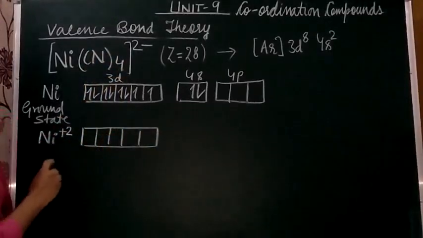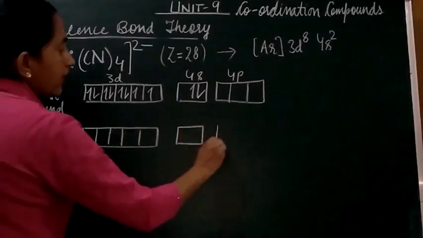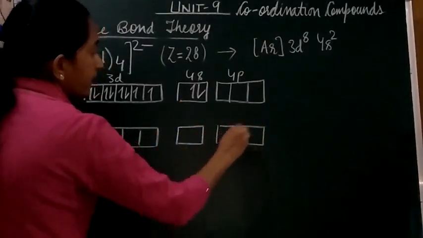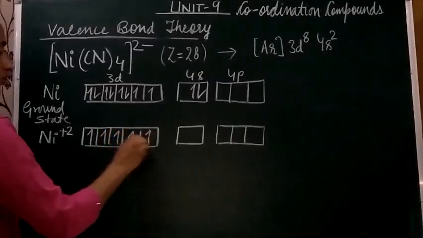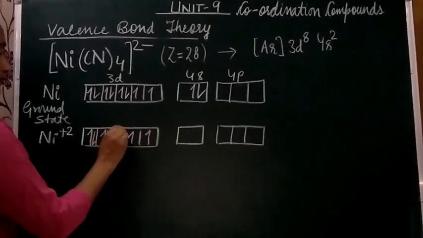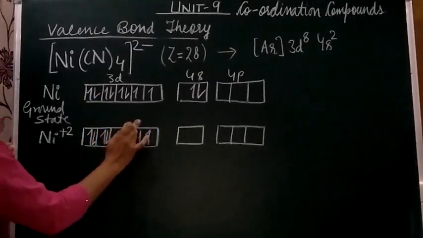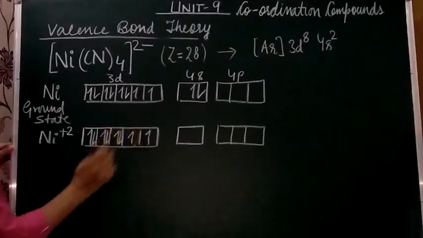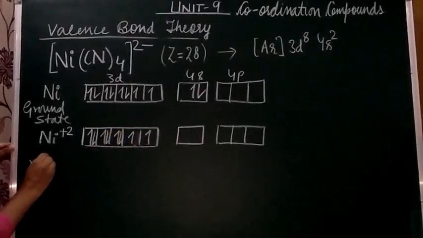Next, you have to get the 2 electrons removed. This 4s will get vacant here, right, and we will get 3d8. Right, now next comes the hybrid state.